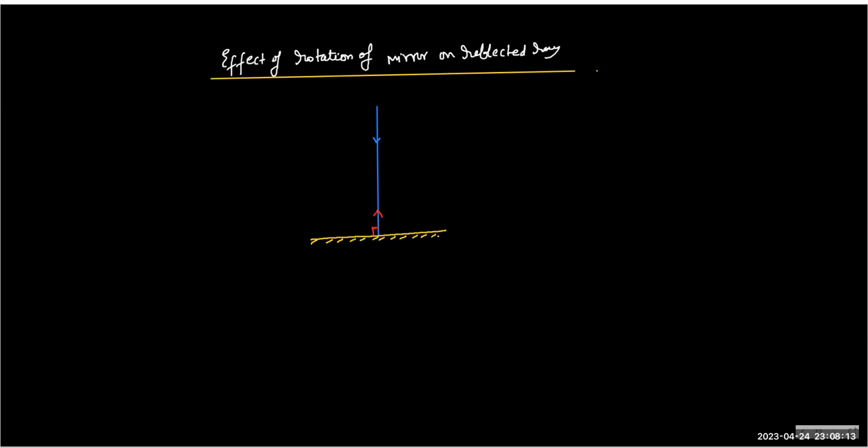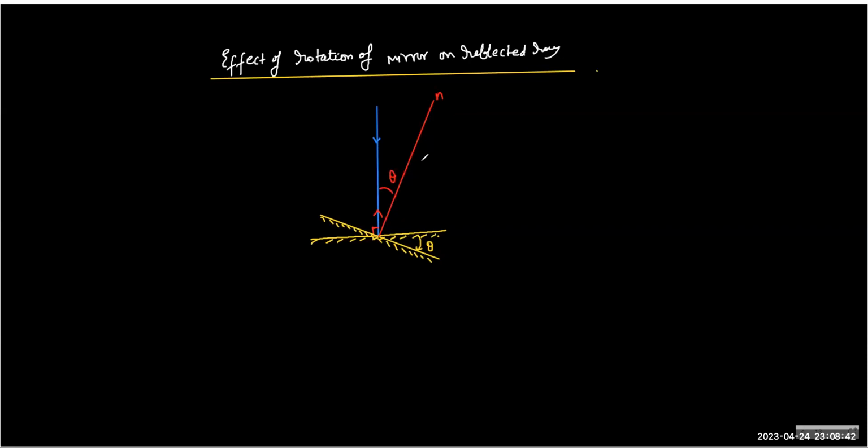So what you do next is you turn the mirror, right? And if you turn the mirror by theta, the normal will shift like this. The new normal to the mirror will also turn by theta.